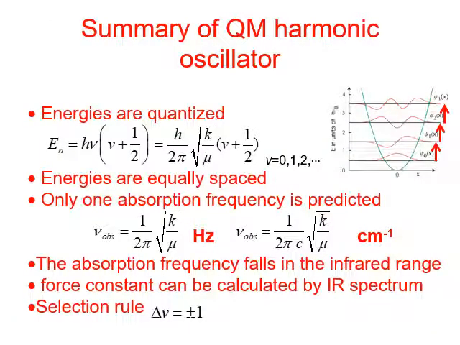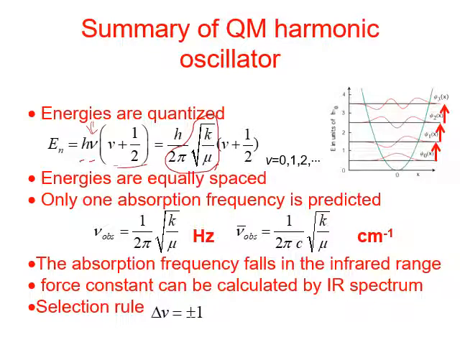In summary, under the harmonic oscillator approximation, the vibration of chemical bonds leads to quantized energy levels, and the energy is calculated by Planck constant times nu times V plus half. Nu is the natural frequency of the vibrator, which is 1/2 pi square root K over mu.